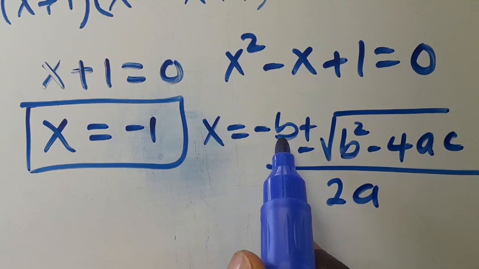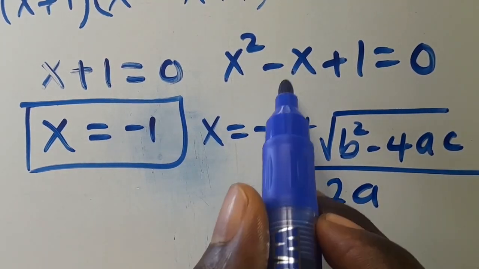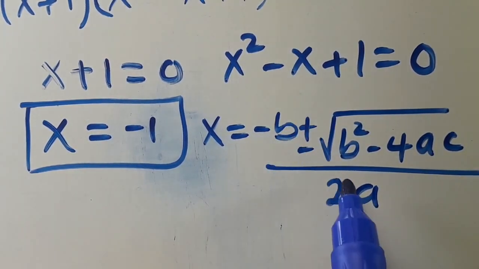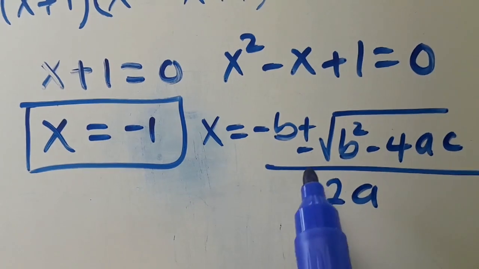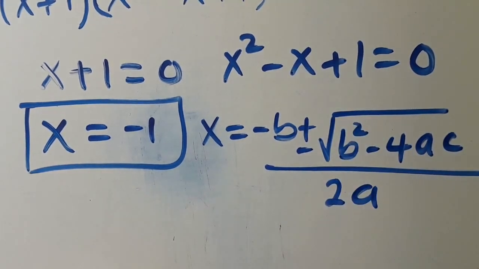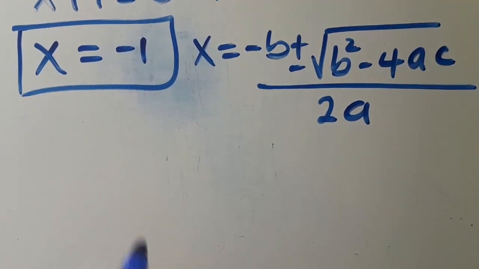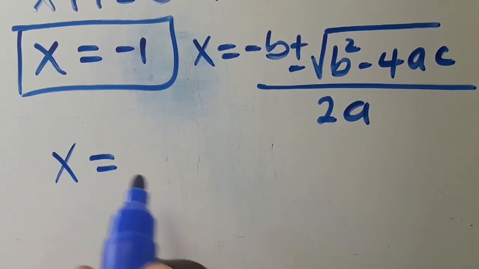Obviously, from here, b equals minus 1, the coefficient of x. Then a is the coefficient of x squared, which is 1. Our constant c is 1.